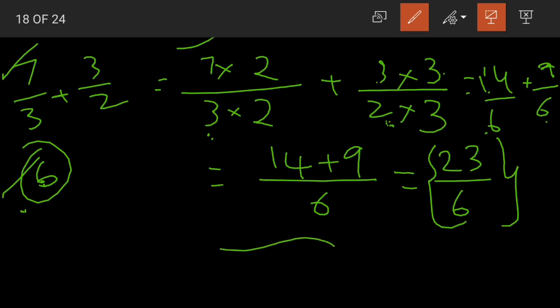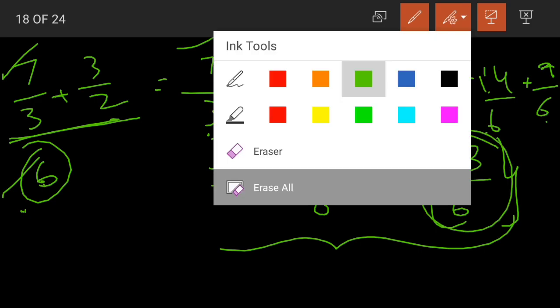Now this is one way of finding out the sum. Again, as I said, it is a special case where both the denominators are prime numbers. Yes, you remember this answer, 23 by 6. Okay, 7 by 3 plus 3 by 2. The LCM is 6.